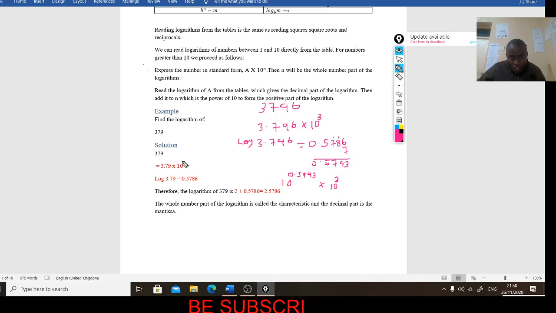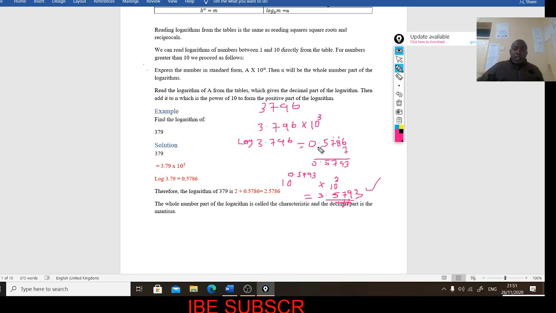So the logarithm of the whole number, the logarithm of 3796, is equal to 3 plus this, which gives you 3.5793. So the logarithm of 3796 is 3.5793.